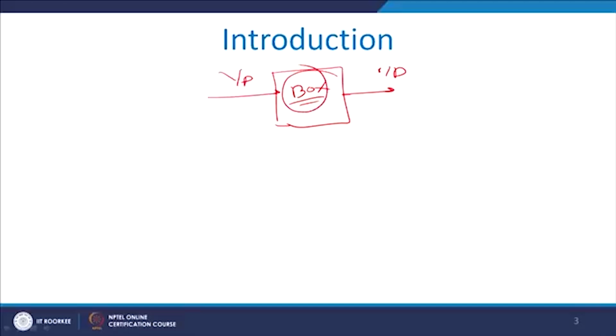The most important point is that in the state space model we have an input, an output, and let us say this is a box. In this particular box there are some states present, some information, and that information is to be utilized to get the proper output.